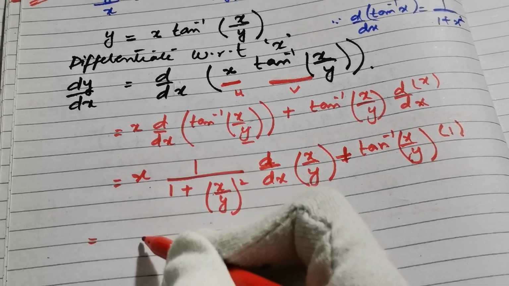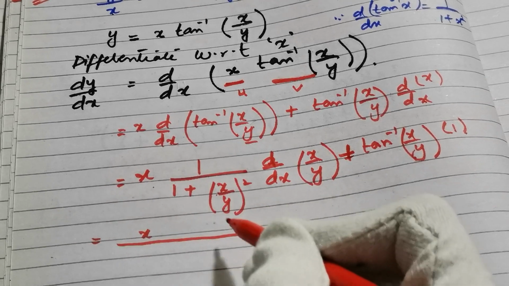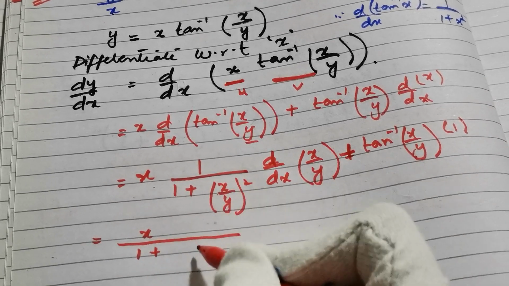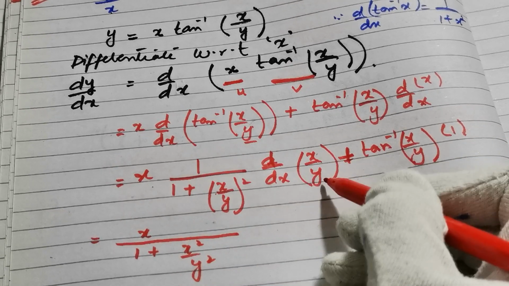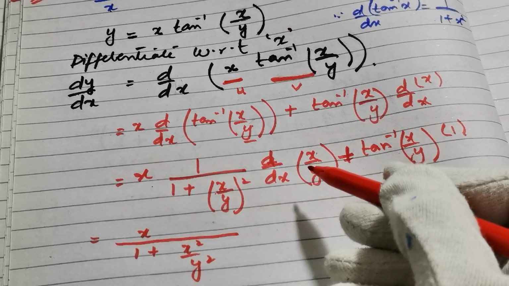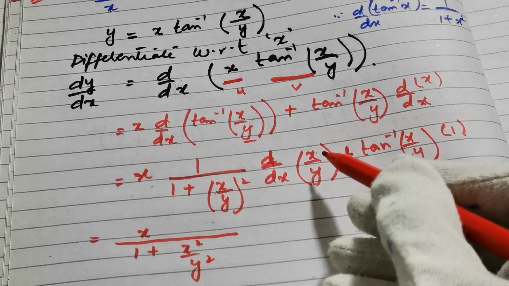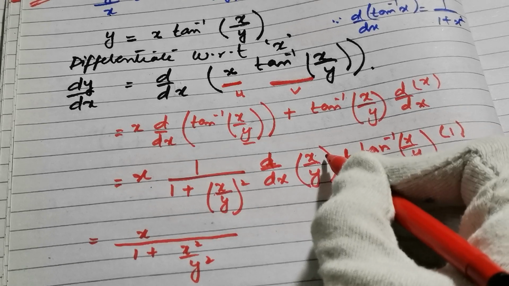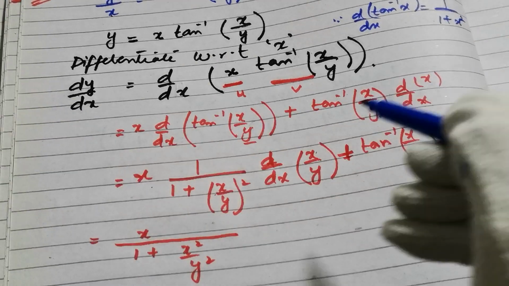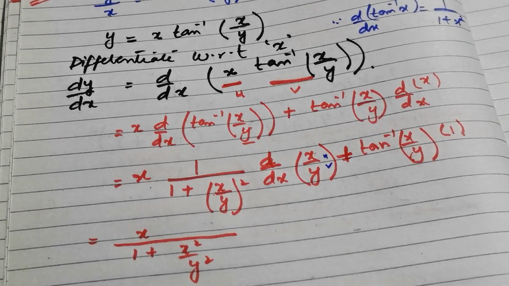Now x divided by 1 plus x square by y square. Now we can see that there is a quotient of two variables. For the derivative of a quotient of two variables, we consider this term as u and this term as v.